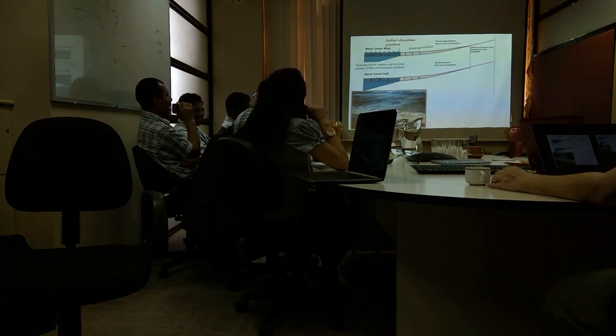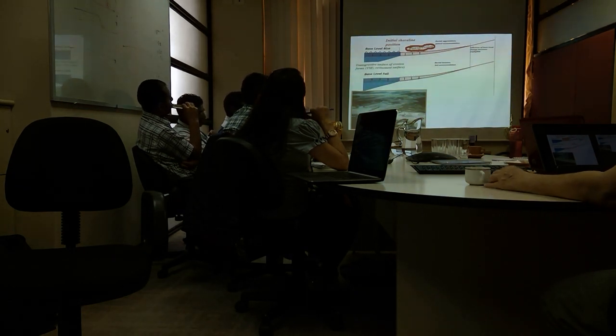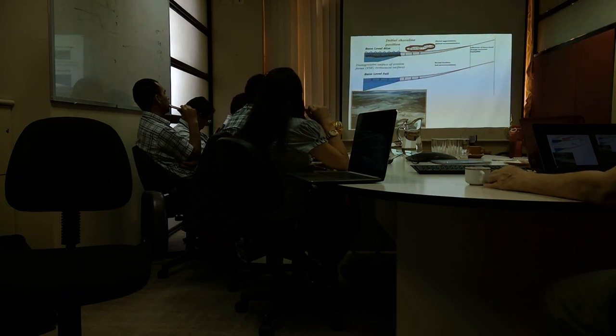So looking at the same thing in another way, let's say now we're looking at a cross section here. Let's say transgression. Okay, so here is our sea level at one instant in geological time. And then we have transgression, meaning the shoreline or sea level is rising.